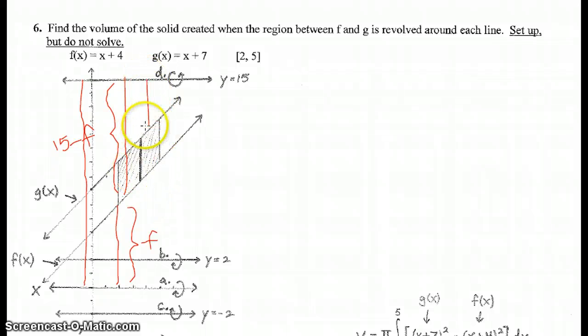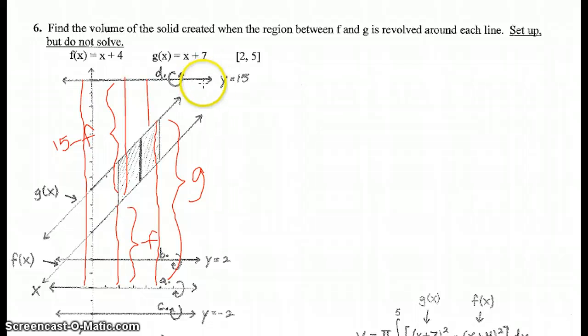Similarly, my inner radius this time is going to involve the g function, but my g function comes back to the x-axis. So if this is g, and all the way down again is 15, then my inner radius this time is 15 minus the g function.